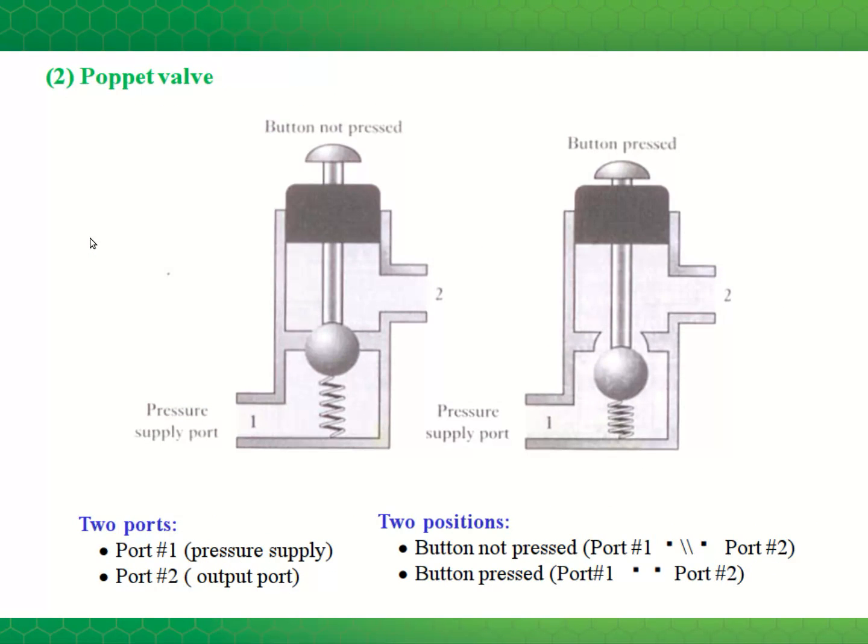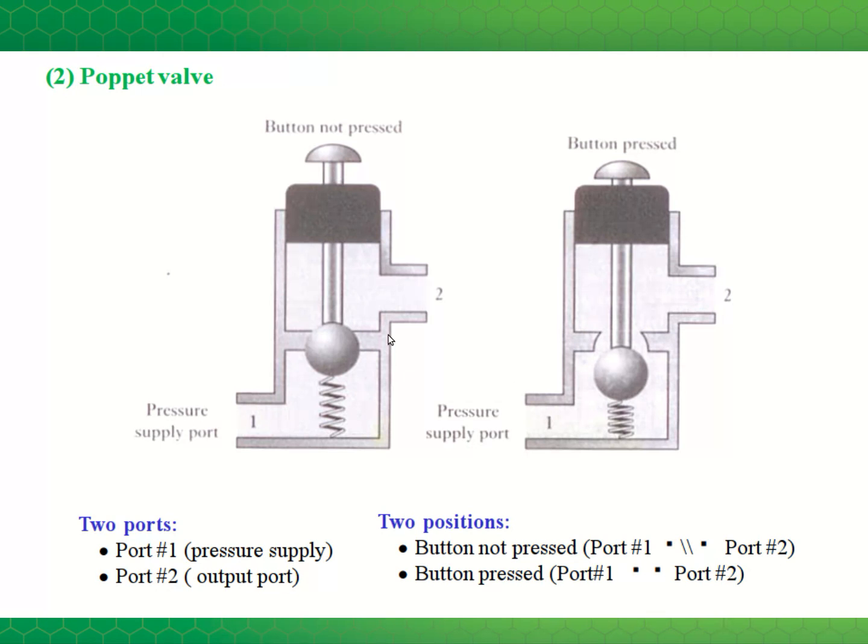Another directional control valve is the Poppet valve, and so this valve flow is either off or on. Poppet valves use a ball or a cone against a valve seat to shut off flow, and they're typically normally closed valves. So a spring seats the ball against the valve seat, and whenever the button is pressed, the valve is moved away from the seat, and port 1 is connected to port 2, and so the valve is fully open.